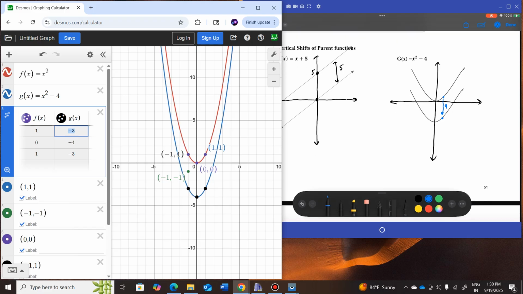Right, so this is vertical shift up 5 units, vertical shift down 4 units.